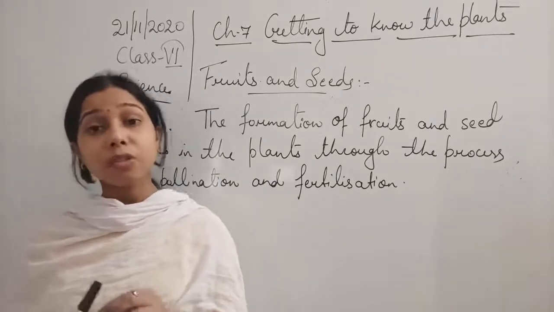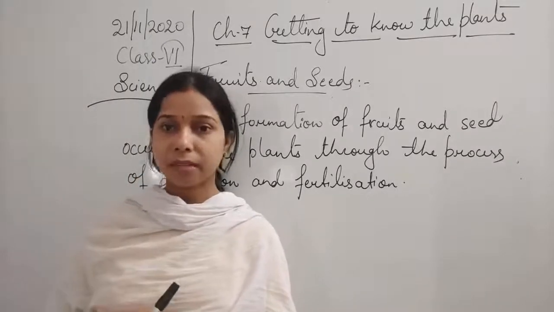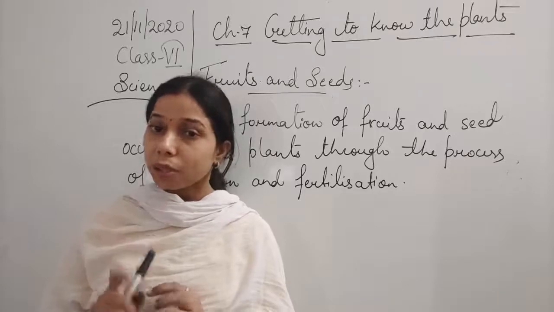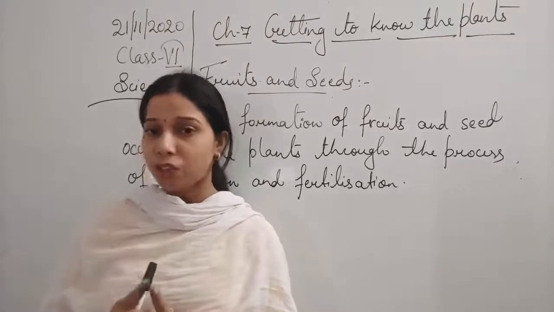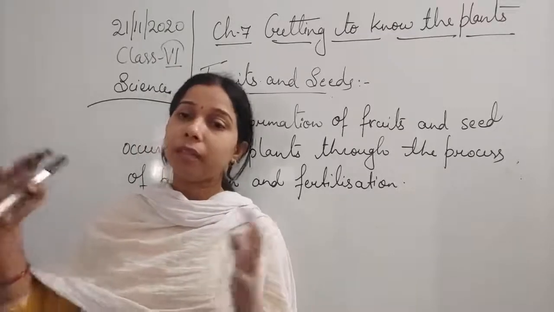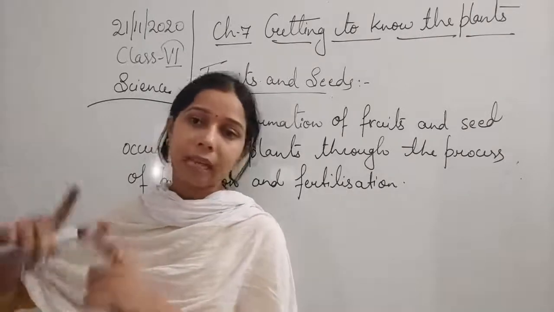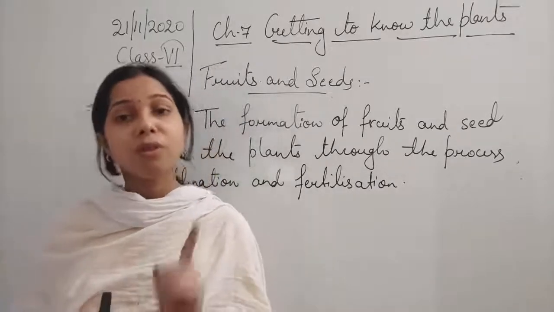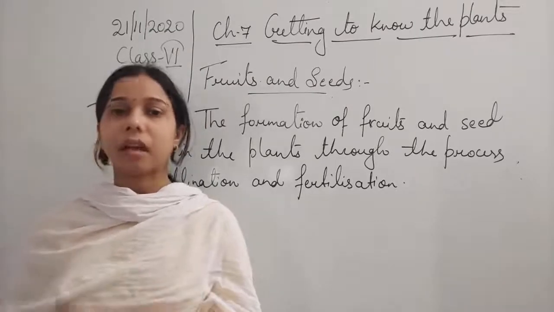Okay. Now, this zygote divides. We know that we are made up of cells, students, and these cells divide. Okay, so that single zygote cell starts dividing, because only if it divides will there be an increase in size, and growth and development can take place. So division of the cell is very important. Okay, so this zygote starts dividing.